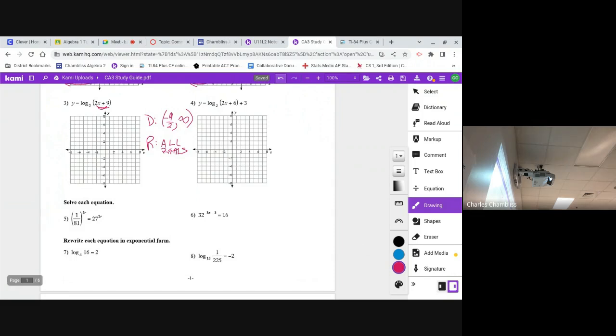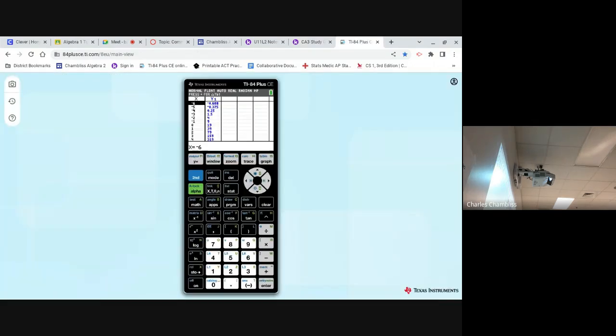Go and graph it. Okay. Remember to type in a logarithm. It's alpha window 5. Because it's a logarithm that's not base 10 or base e, sorry. So I put the 3 down here, and then the 2x plus 9.